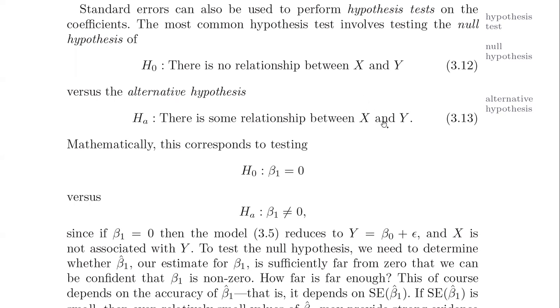So mathematically, we're going to take this phrase in simple English, there's no relationship, and we're going to write it mathematically. Mathematically, this corresponds to testing that the slope is 0 against that the slope is not 0.